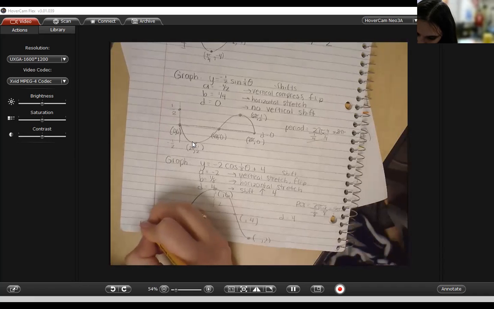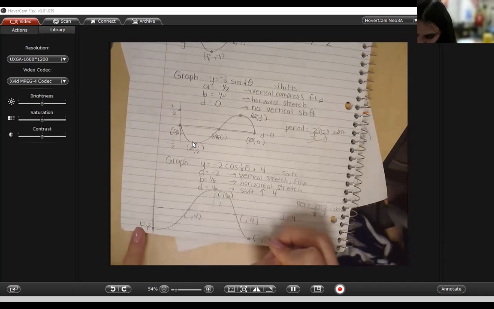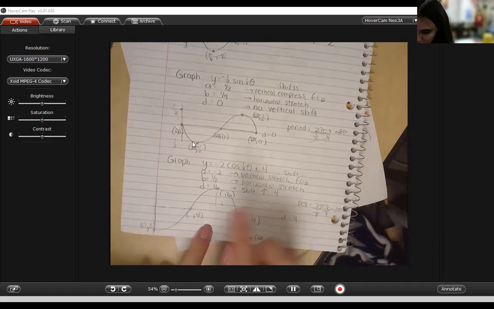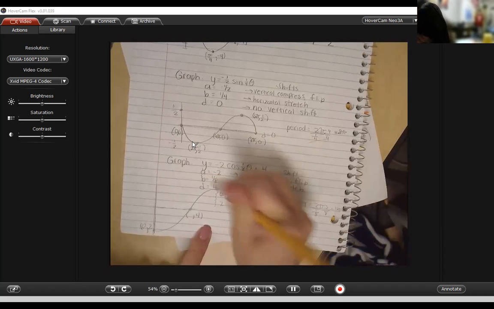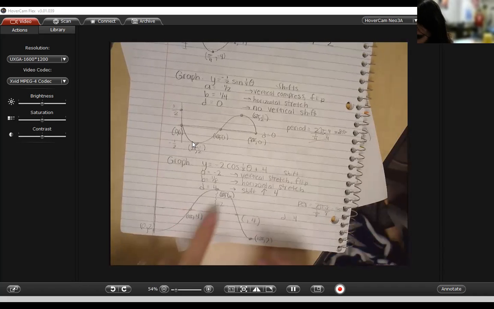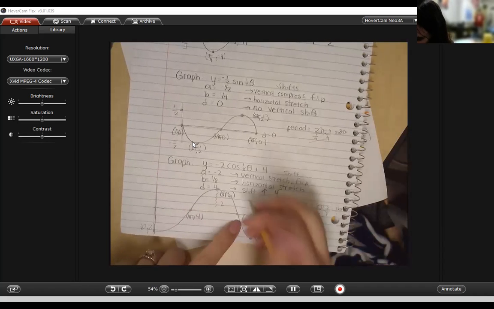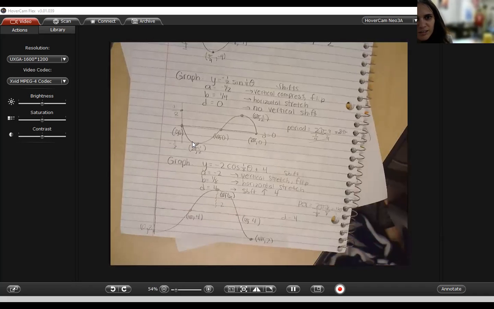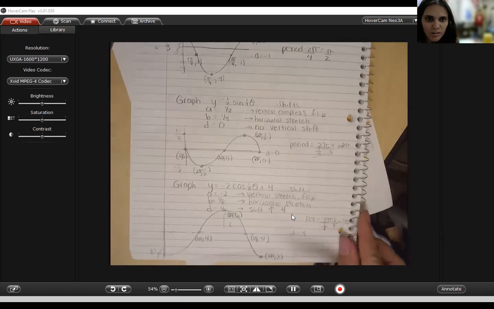That tells me if I start at 0, it finishes at 16 pi. I'm just going halvesies. Halfway is going to be 8 pi. Halfway between 0 and 8 pi is going to be 4 pi. Halfway between 8 pi and 16 pi is going to be 12 pi. And there's my graph. And that will be it for today.